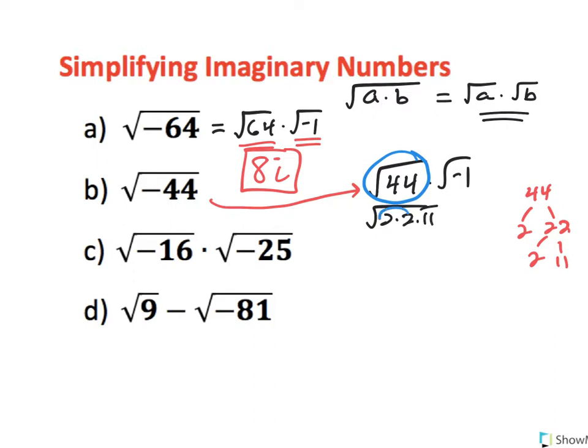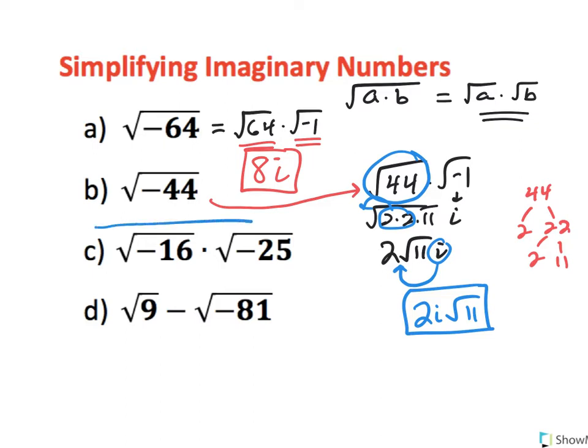For every pair, I can pull out one of them, and then know that we still have that i involved because the square root of -1 is i. So I get 2 square root of 11 i, but a better way of writing that is to put the i in between the coefficient and the square root symbol. So a better final answer for letter B would be 2i square root of 11.